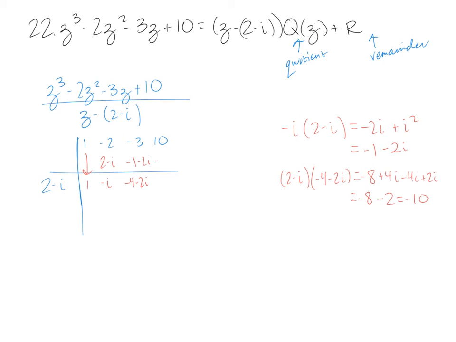I'm going to draw a little line there. Okay, so 10 minus 10 is 0. So q of z is going to be z squared minus i times z plus -4 minus 2i, the complex number. And the remainder is going to be 0.